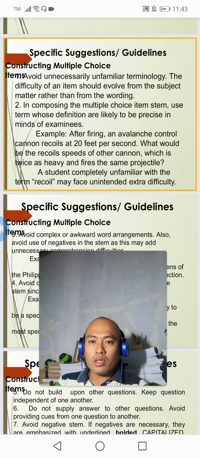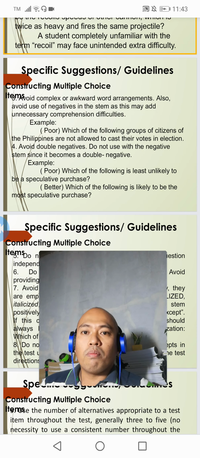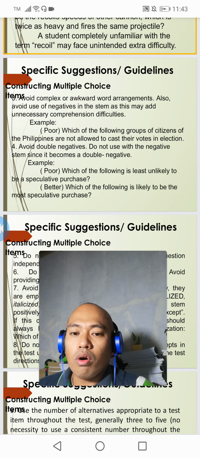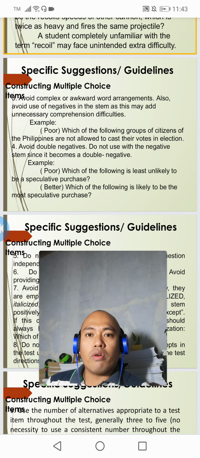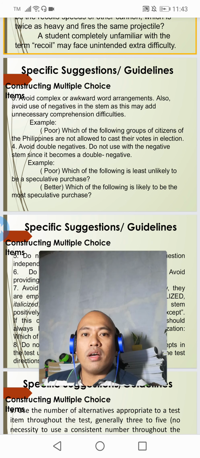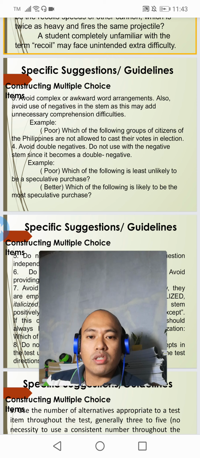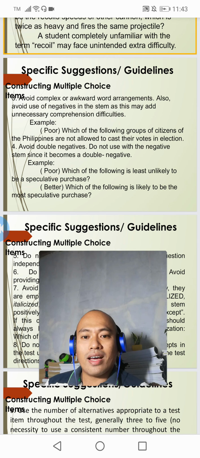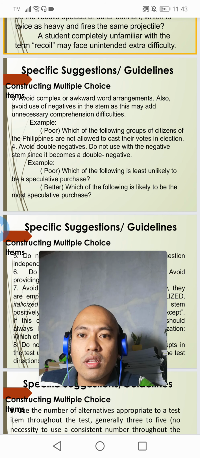Okay, so for the third one, we need to avoid complex or awkward word arrangement. Also avoid the use of negatives in the stem, as this may add unnecessary comprehension difficulty. This will be considered a poor example of an item in a multiple choice type of test: Which of the following groups of citizens in the Philippines are not allowed to cast their votes in elections?